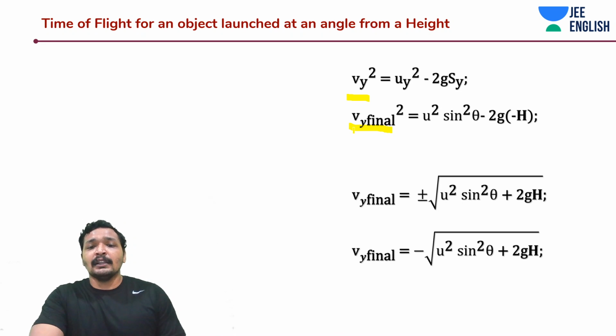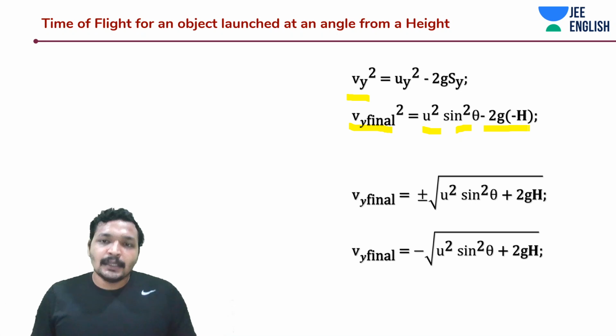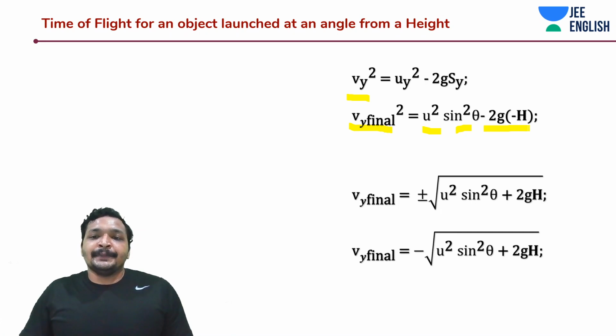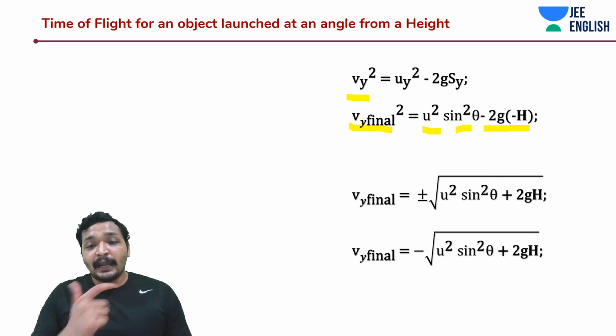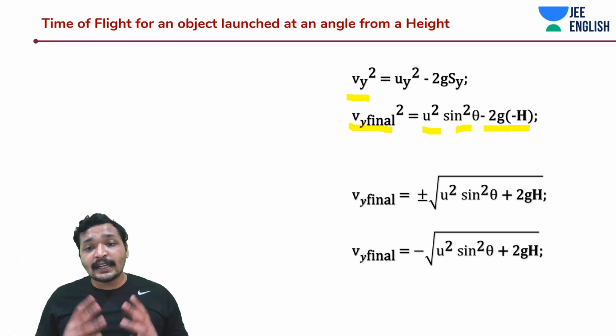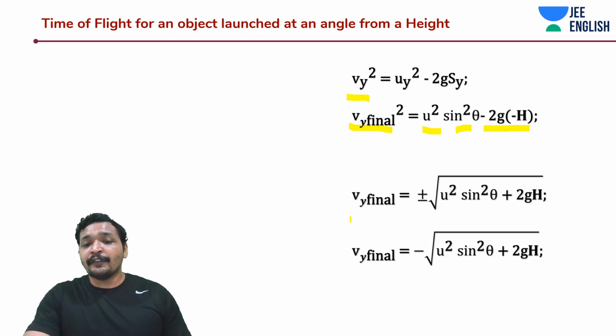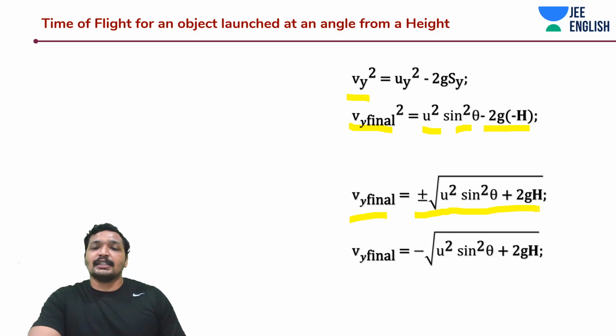So Vy final square is equal to u square sine square theta minus 2g into minus h. Minus h, again because this is the negative y direction, so you would substitute it as minus h, and you would find out that Vy final whole square is equal to u square sine square theta plus 2gh, which says that Vy final is equal to plus or minus under root of u square sine square theta plus 2gh.